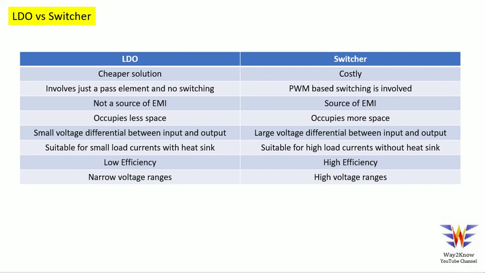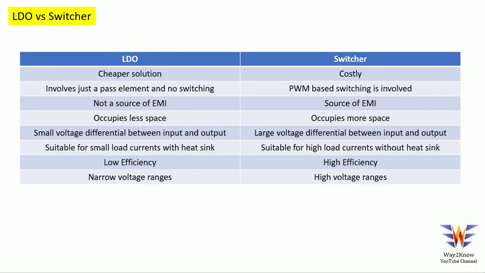Now if you take the switcher, because of the switching, where it does on and off, a large voltage differential is allowed between input and output. To summarize this point, you cannot use an LDO with a huge difference between input and output, whereas a switcher is used for such operation.